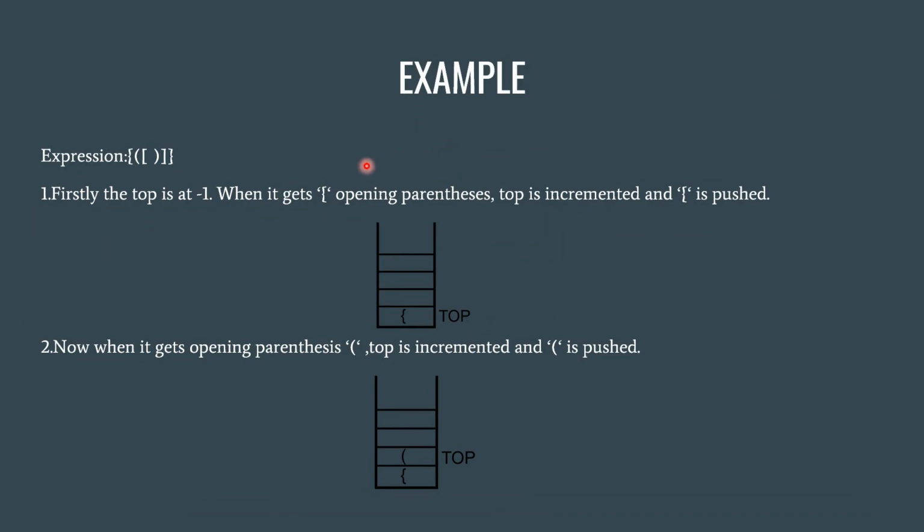Now let's take one example. For example, say this is the expression. Firstly, the top is at -1. When it gets an opening parenthesis, top is incremented by 1 and the parenthesis is pushed. Now, when it gets an opening parenthesis, top is incremented.